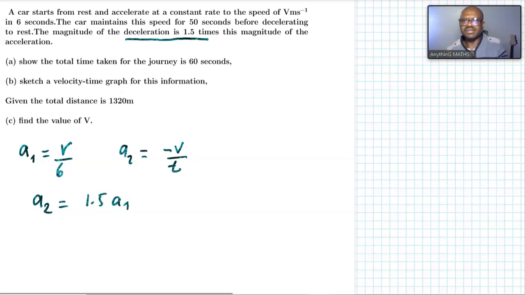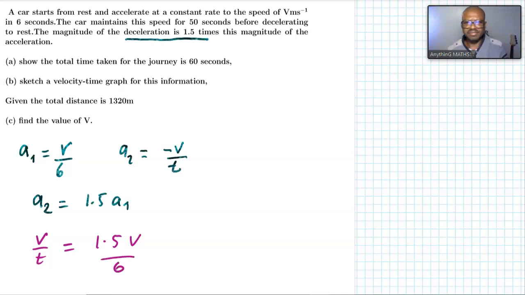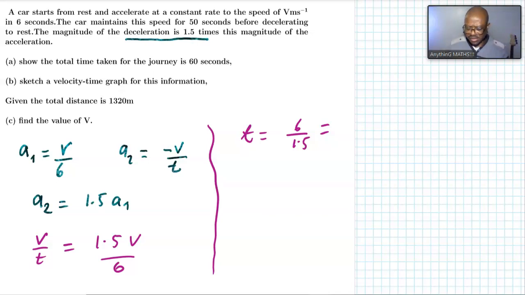Using this information, we can now say V over T is the same as 1.5 times V over 6. The V will cancel and T will be 6 over 1.5. You can solve this even without a calculator.